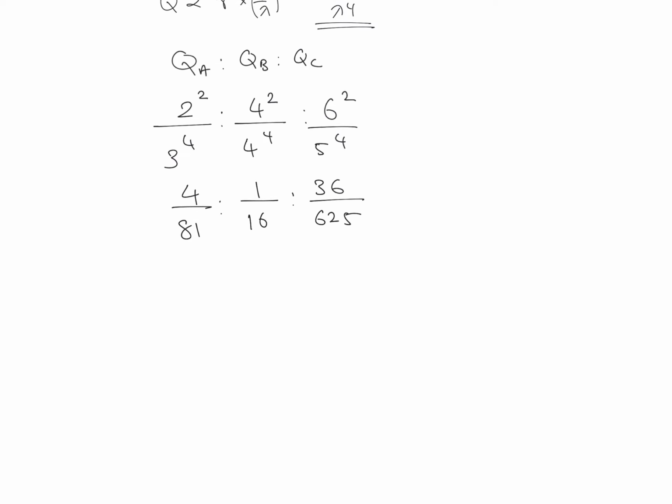If you further calculate, you will get the answers as 0.0493, 0.0625, and 0.0576. So we can say that QB has the maximum value, then we have QC, then we have QA. So QB is greater than QC, which is greater than QA.